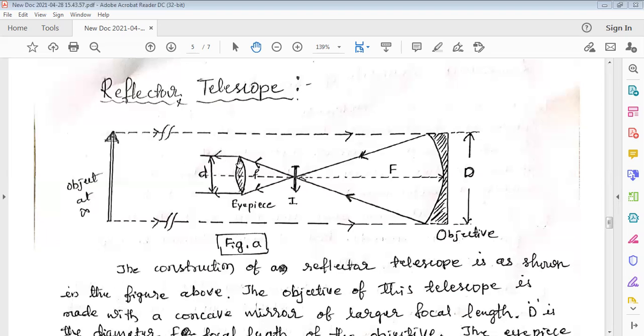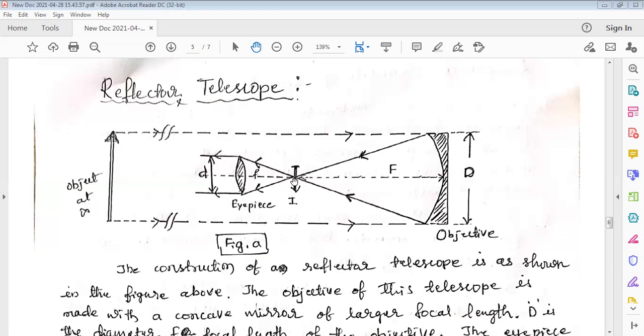Here the eyepiece is placed coaxially with this concave mirror. As usual, the eyepiece is placed in such a way that its focal length reaches exactly the point where the image is formed by the concave mirror.